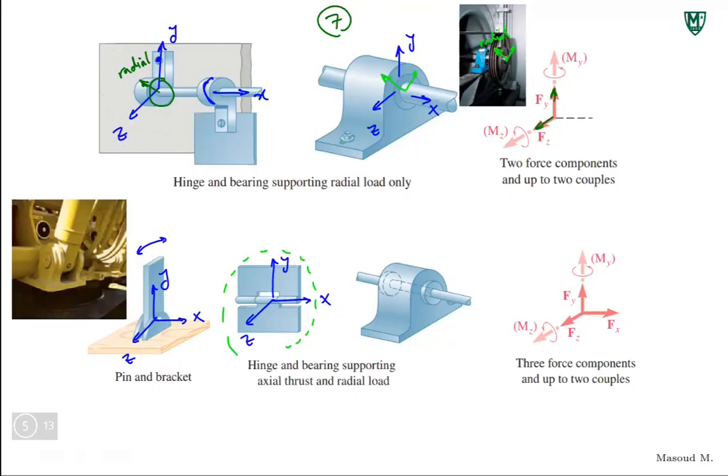Other types of motions, whether translation or rotation, are prevented by this support. So when you remove the hinge, let's say you want to draw a free body diagram of a door for some analysis, you have to compensate for all the forces that the hinge was applying to the structure to prevent the motion in those directions.